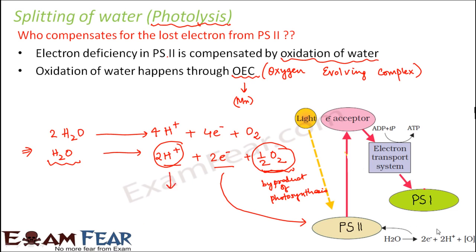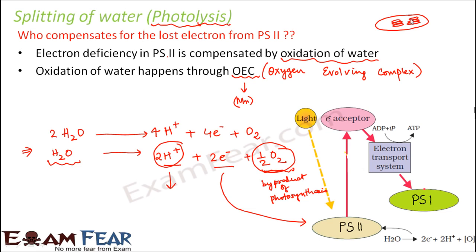Now where is this splitting of water or photolysis taking place? It is taking place near PS2. Now where is PS2 located? The photosystems are located in the thylakoid membranes. Please remember the structure. This is your stroma. Inside the stroma you have the thylakoids arranged like this. So in these thylakoid membranes, PS1, PS2 are located.